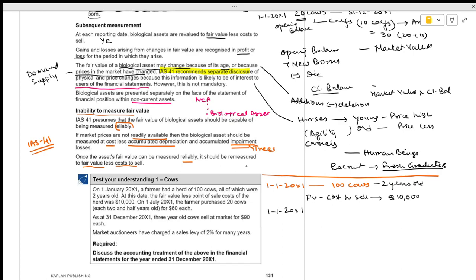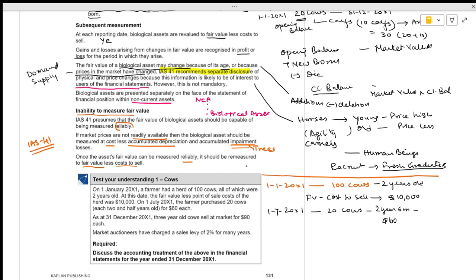Now, what happens on 1st of July 2001? They have purchased an additional 20 cows. The age is 2 years, 6 months, and they purchased them for 60 each.